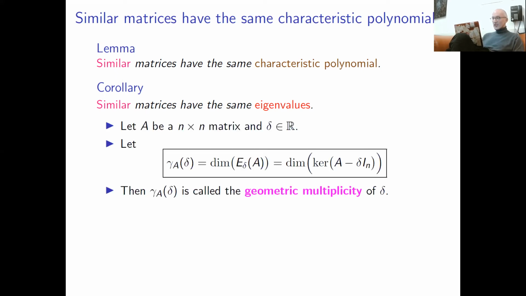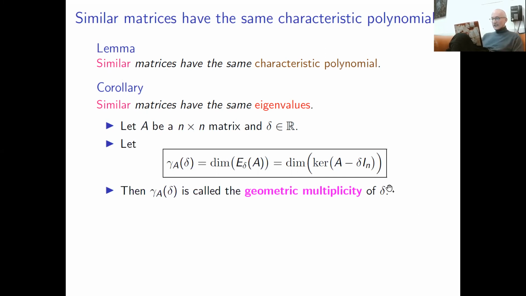This notion is called the geometric multiplicity of a number. If you have an n times n matrix A and some real number delta, by definition, the geometric multiplicity of delta is the dimension of the delta eigenspace.